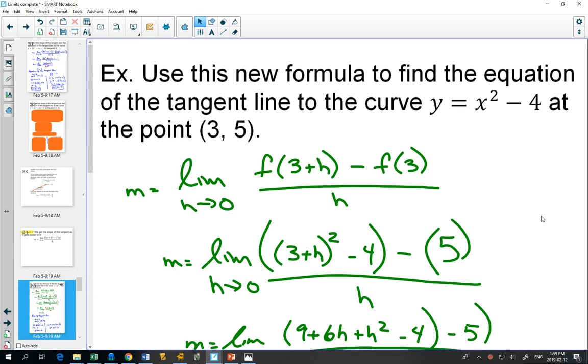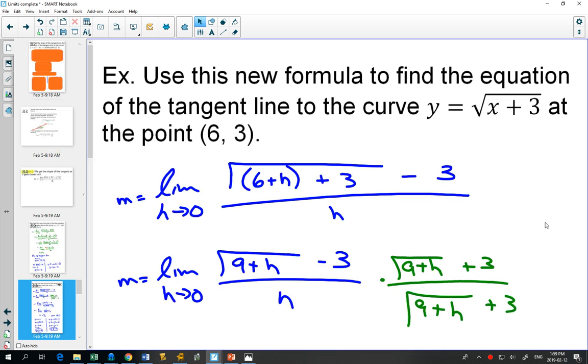So now I'm going to start off this next one for you right here. Okay, I'll show you that much. We've got the square root of x plus 3. And this time, I'm going to start off by plugging in the x value right away. So our slope formula is the limit as h goes to 0 of f of x plus h minus f of x over h.